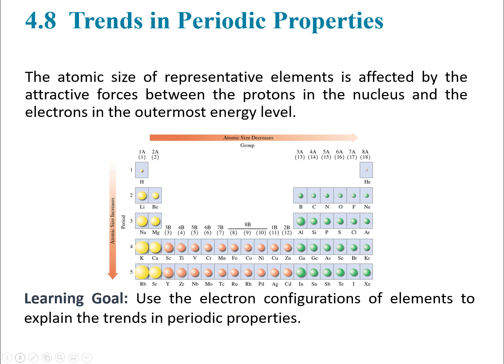The last part of Chapter 4 talks about trends in periodic properties. So we're going to talk about valence electrons, atomic size, ionization energy, and metallic character. Those are the things that you're going to need to understand and know the trends for just by looking at the periodic table.